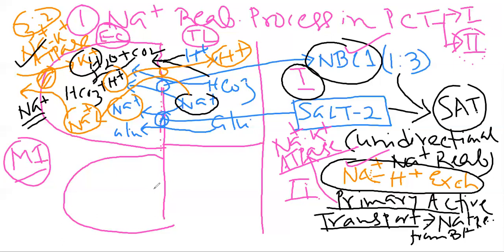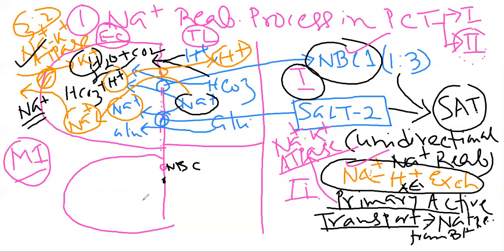So here the sodium bicarbonate co-transporter, NBC1, as well as the sodium hydrogen ion exchanger is present, and second is the anion exchanger 1. We can say this pump is also known as the anion exchanger 1.